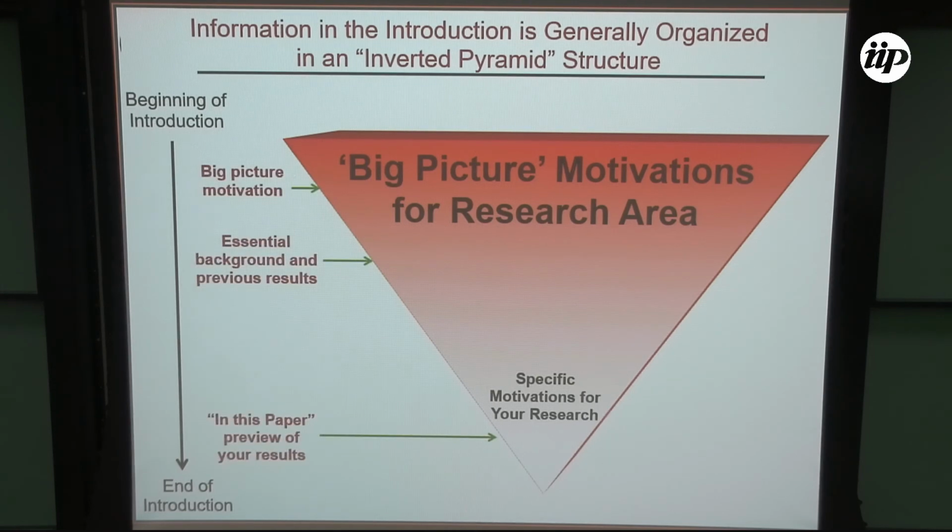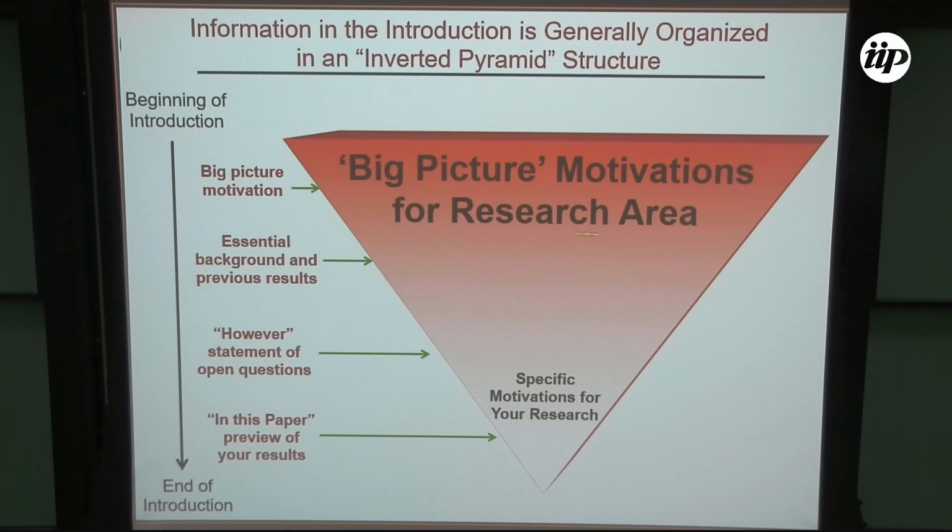So these are the three elements that Saad talked about: the big picture motivation of how this impacts the broader community that you're in; then essential background, which slowly narrows the focus to something closer to what you're actually working on; and then it concludes with a preview of your results. The one thing we do add is that somewhere in most of these papers is a statement of "however," where there's some problem.